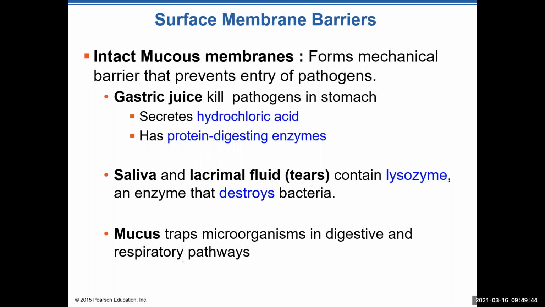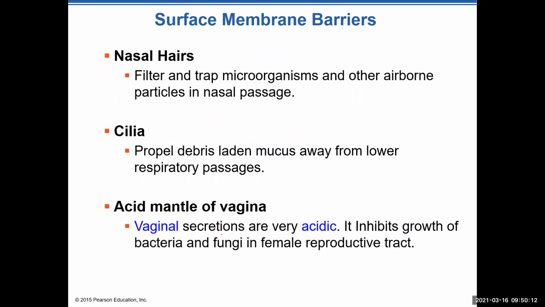And then when we eat food, saliva or tears in the eyes, the lacrimal fluid, also contain something called lysozyme, which can destroy the microorganisms. And mucus, we already spoke about last semester, whether it is present in the digestive tract or in the respiratory tract, right? It's a thick fluid which helps in trapping the microorganisms, right?